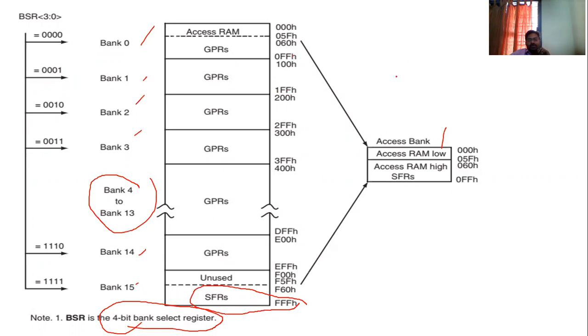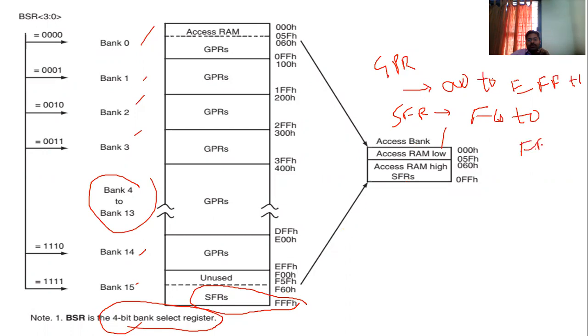The general purpose registers will occupy the memory from 000 to EFFH. The SFRs will only take the memory from F60 to FFFH.